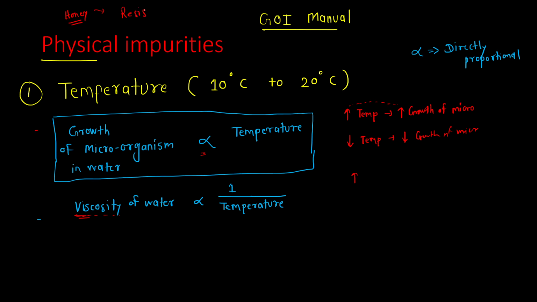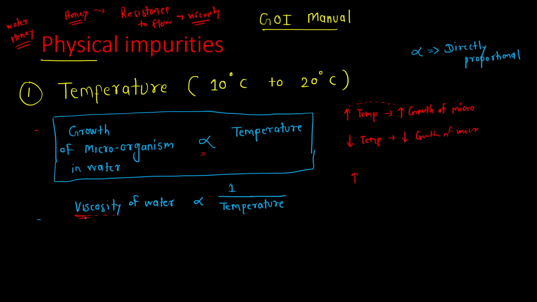If there is more resistance, then we can say that viscosity is more. Based on this, if I ask you whether the viscosity of water is more or the viscosity of honey is more, what will be the answer? You can write it in the comment box.